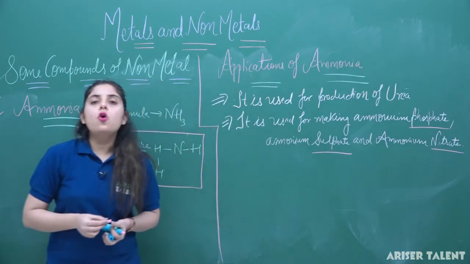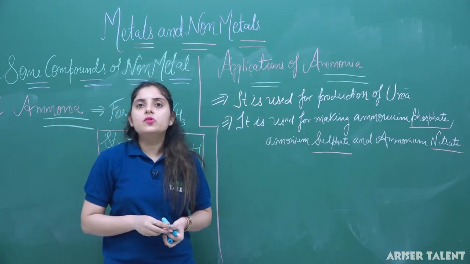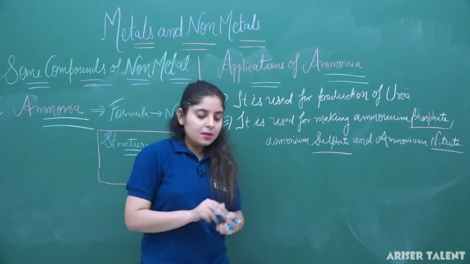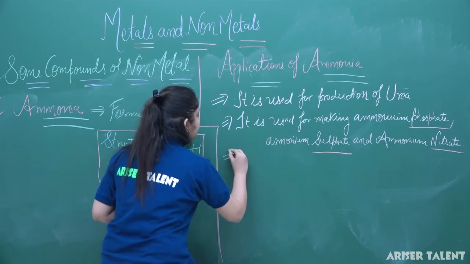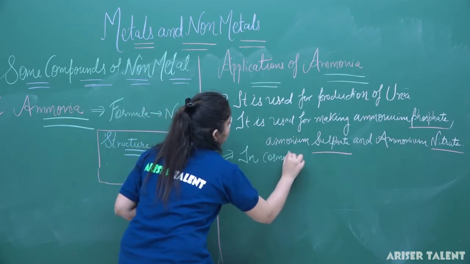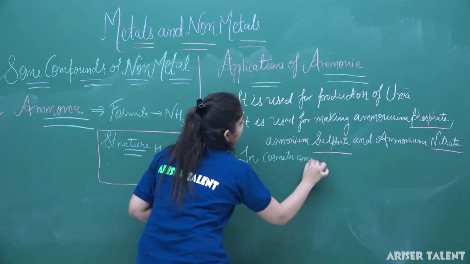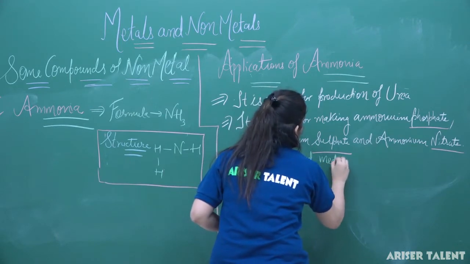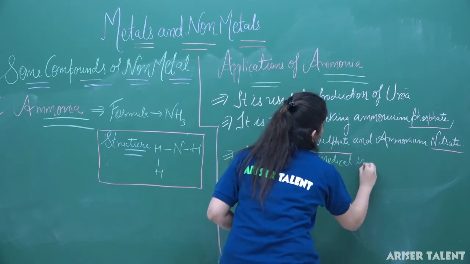Now, it is also used in the medicine and cosmetic industry, and sometimes it is also used in the dye industry. So, another application is in the cosmetic and medical industry.